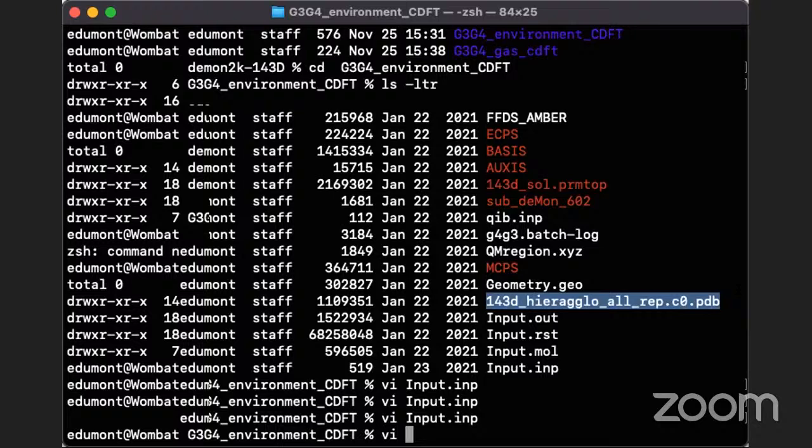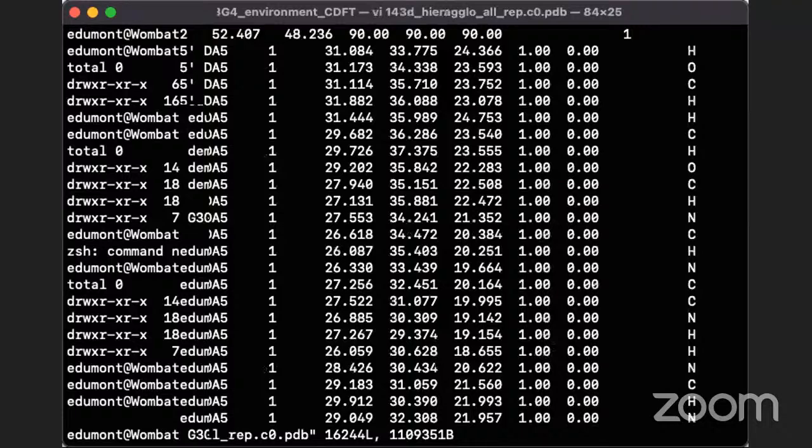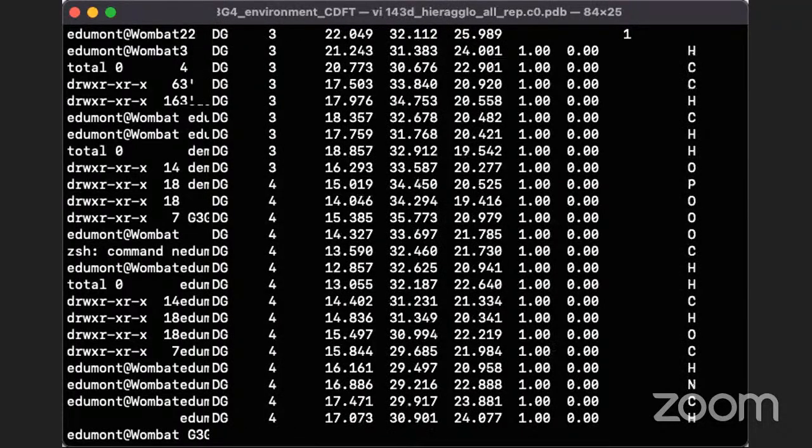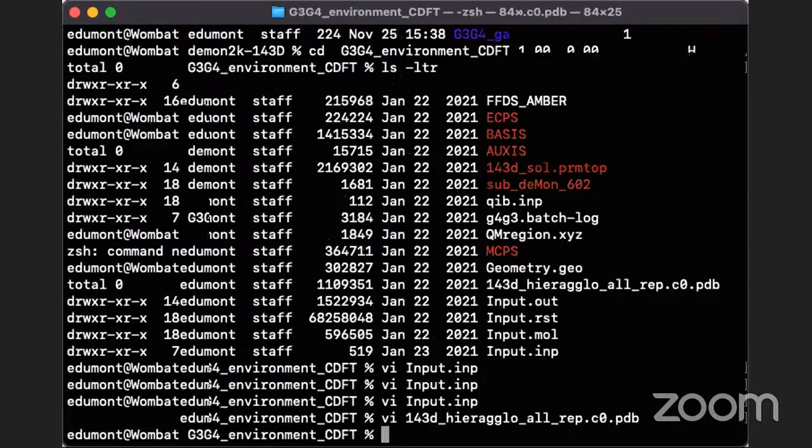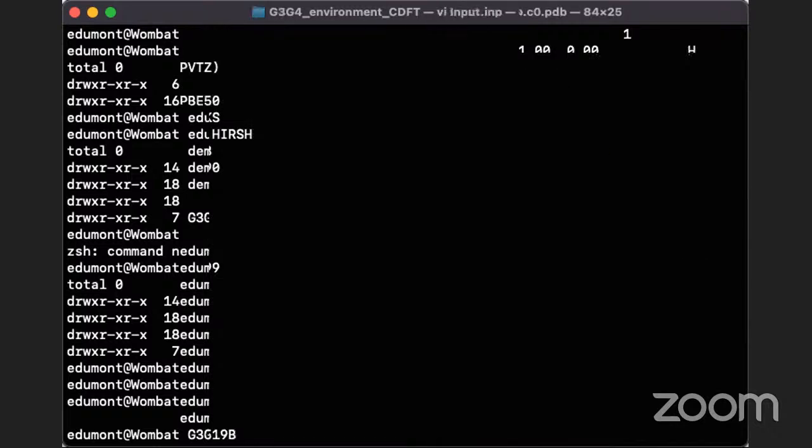Did you all look at a PDB before? So here is the structure with the PDB that corresponds to a G-quadruplex. I could suggest you open VMD or another viewer that you prefer. You see the input, we can spend a bit of time on it.